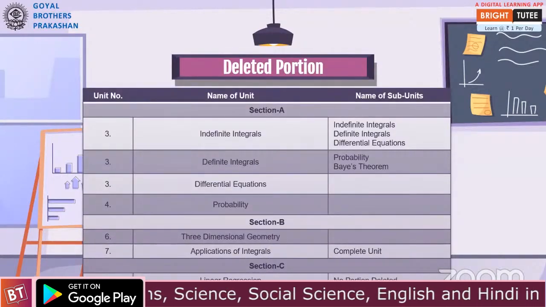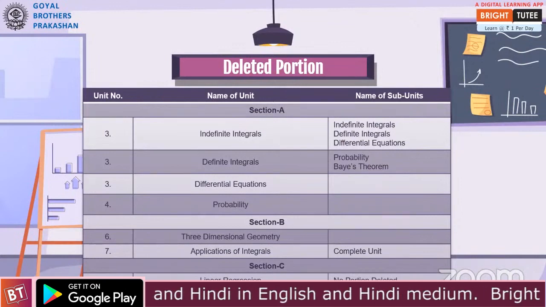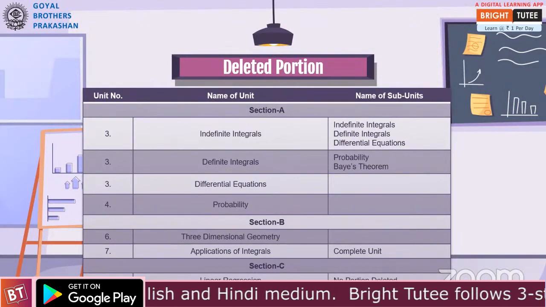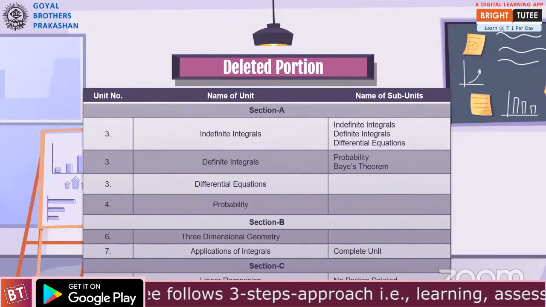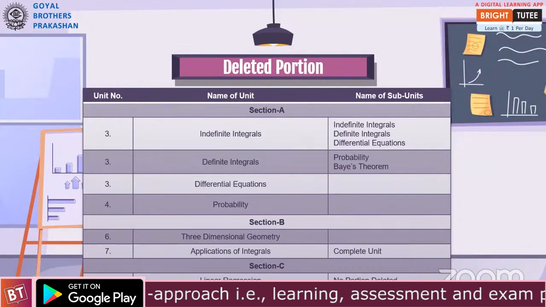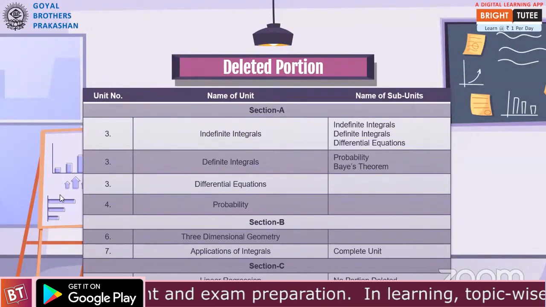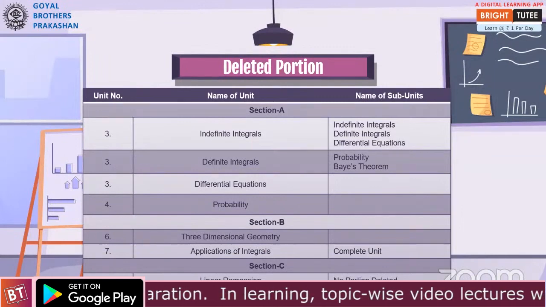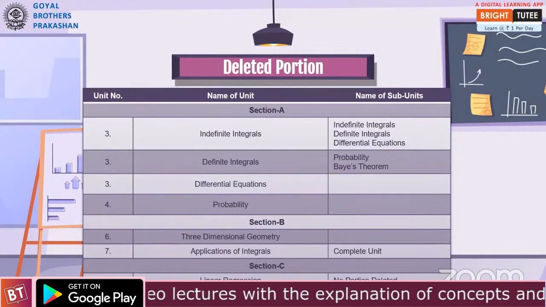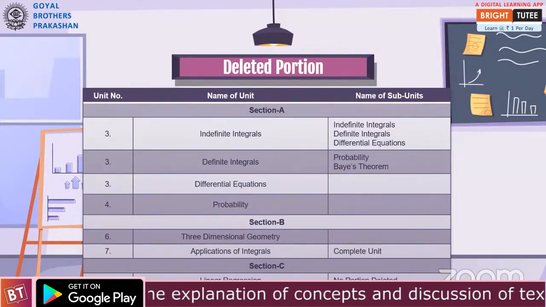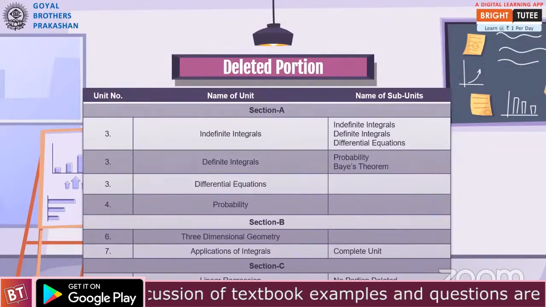Now we'll discuss the deleted portion. As we know, indefinite integrals. Here in indefinite integrals we have some reduction in the syllabus, especially some specific types of integrals, like in the method of partial fractions.